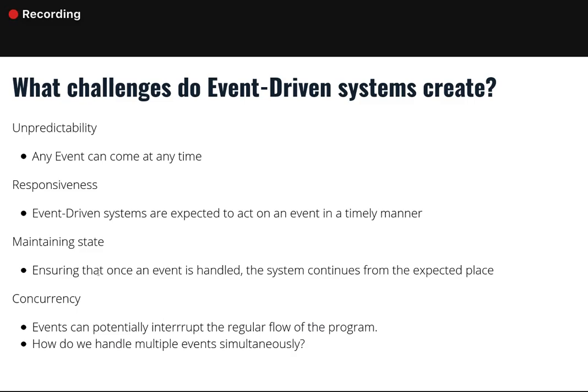I'm sure if you've been playing a game on an older computer, or even just over a poor network connection, it can be quite frustrating when there's a noticeable delay between your inputs and the action actually happening in the system itself. So we want to design our systems so that they are specifically going to be responsive.